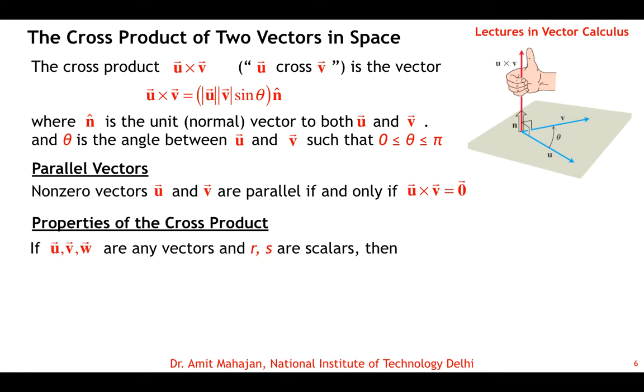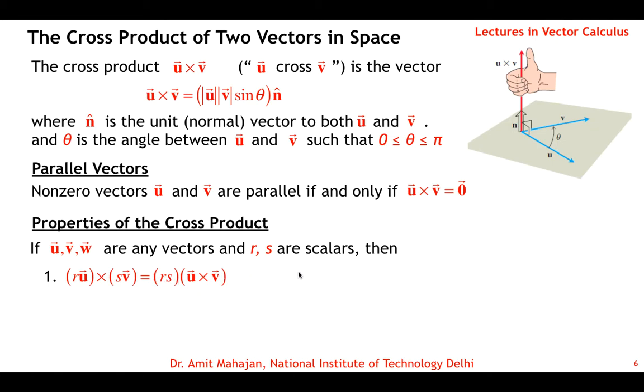Some properties of cross product of vectors. If you have u, v, and w as any vectors and r and s as any scalars, then if you scale one vector u with r and scale the other vector v with s and then take the cross product, it is the same as taking the cross product of the vectors first and then scaling it with the product rs.